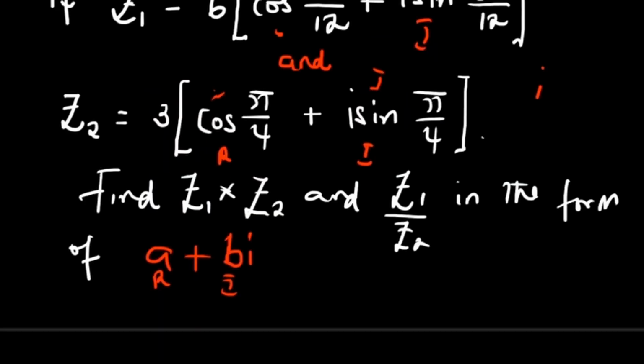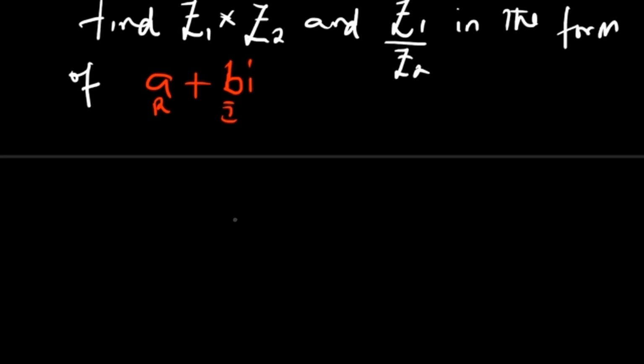Now let's solve this very problem. So we say solution. First and foremost, we're going to write the formula for multiplying two complex numbers in polar form.